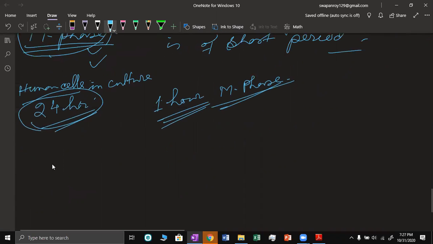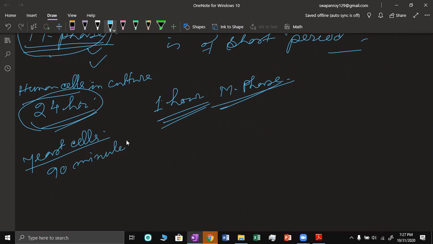Yeast cells take about 90 minutes, that is, the cell cycle is very fast. It is 90 minutes, 1.5 hours.